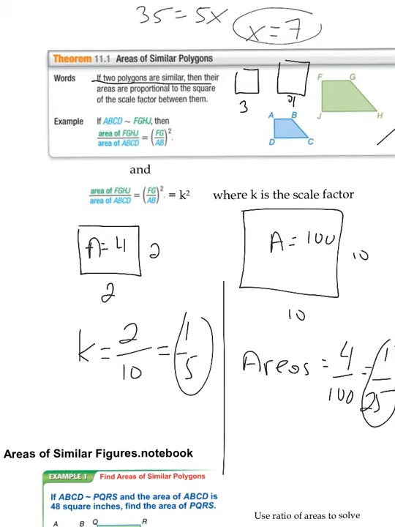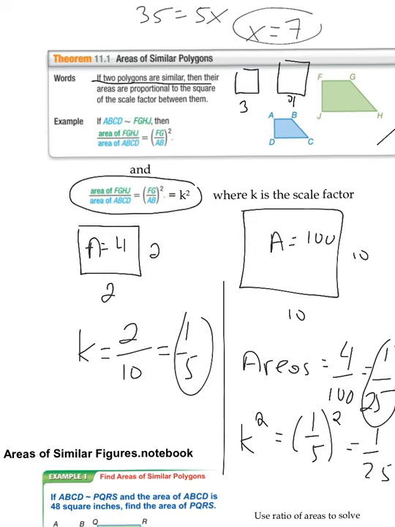If k is 1/5, okay, what do you do to 1/5 to get 1 over 25? In other words, you square it. Because if you do k squared, it will be 1/5 to the second, and this is equal to 1 over 25. That's what they mean by this. I hope I explained this, okay, because it's a very tricky language.